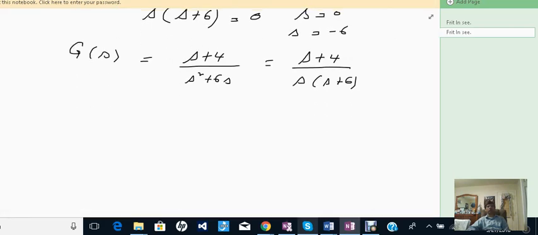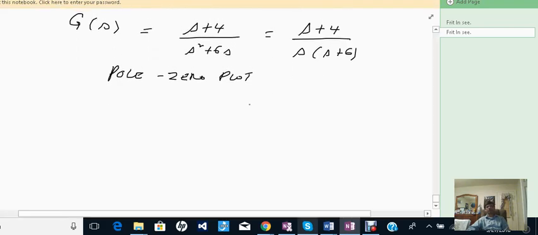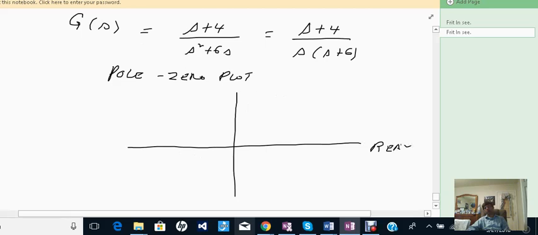How do we plot this? It's called a pole zero plot. So let's plot this. You're going to have the real axis and the imaginary axis. Here you have the real axis, and this is the imaginary axis, IMG is enough. And here is your origin right there.